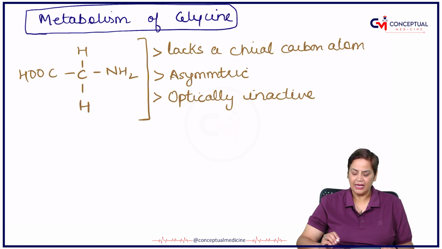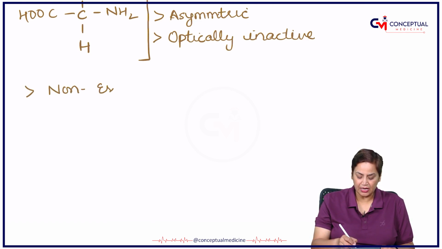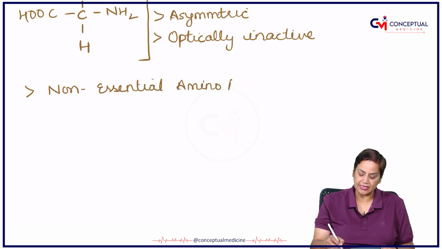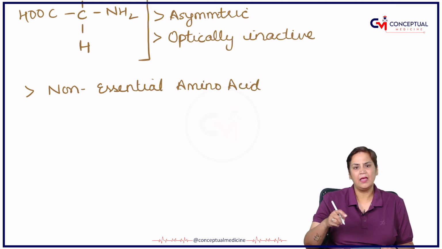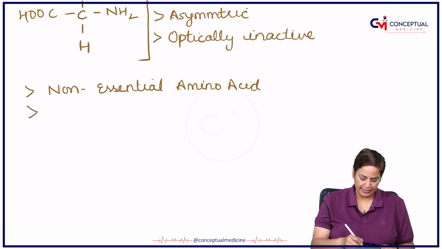So we can say it is optically inactive. And it is also a non-essential amino acid, that means it can be easily synthesized in the body. Coming to the metabolism as per carbon skeleton, it is a glucogenic amino acid.